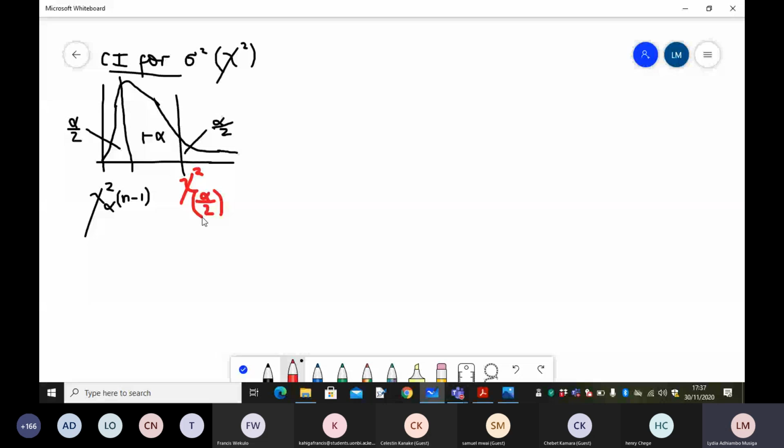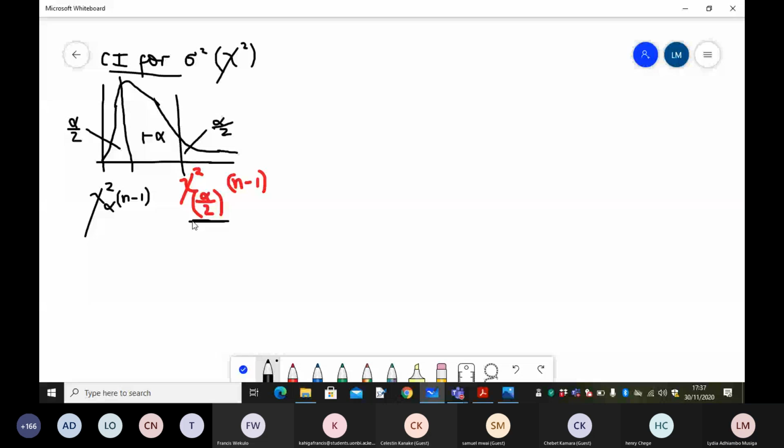For us to read that critical value, it is chi alpha over 2 with the given degrees of freedom, which are n-1. What I want you to note is this chi alpha over 2, the one in the bracket.